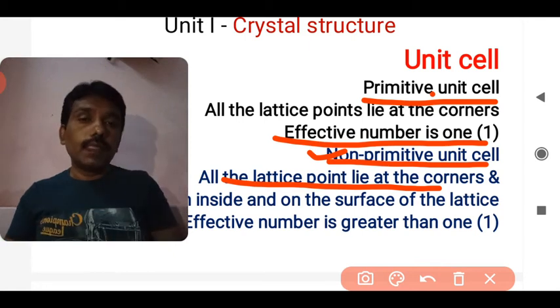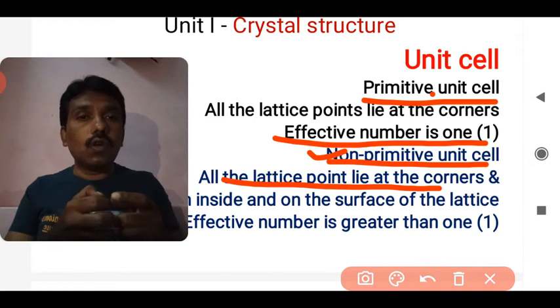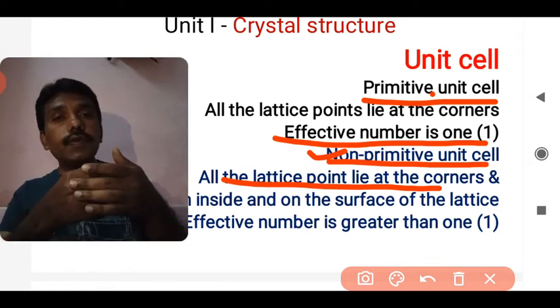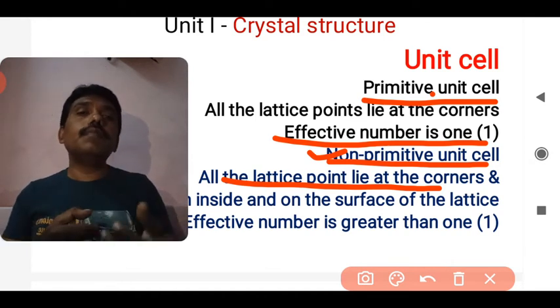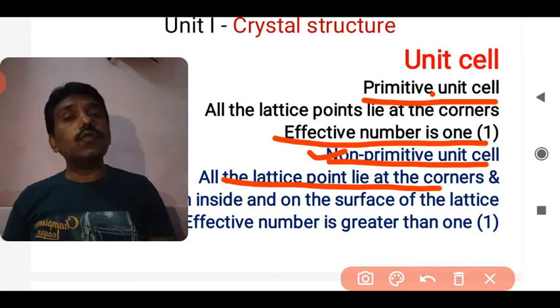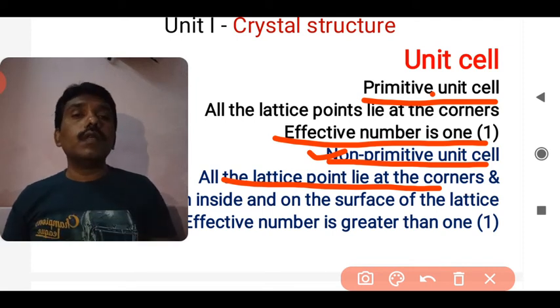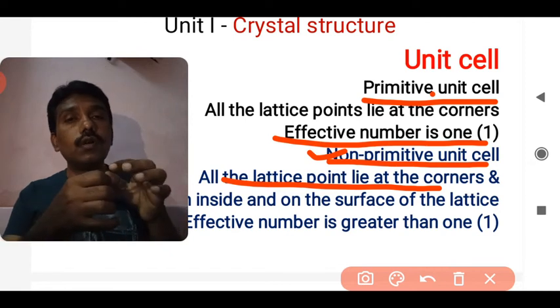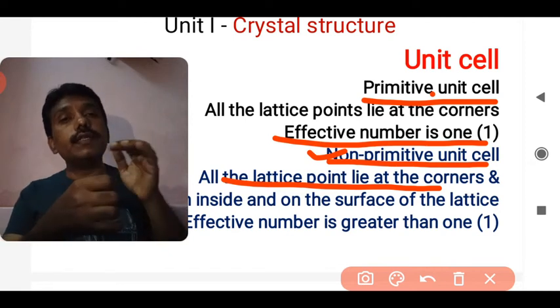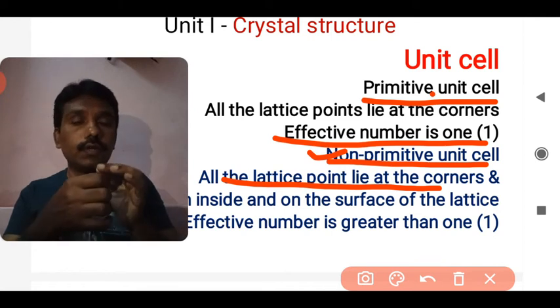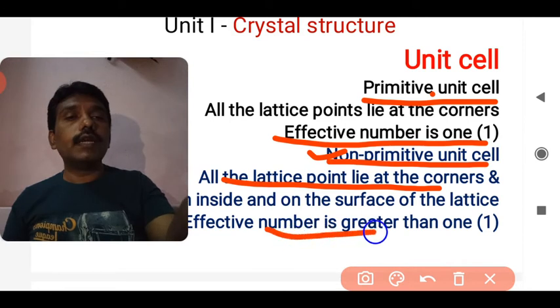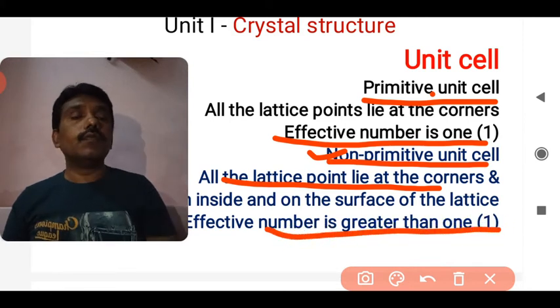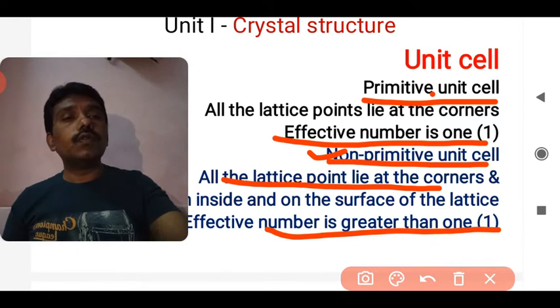The more extra atoms or points lie on the surface or inside the parallelepiped, the greater the number will be. In non-primitive unit cells, the points are not only on the corners but also on the surface or inside the cube or parallelepiped. That's why the effective number of a non-primitive unit cell is always greater than 1. So this is all about the unit cell.